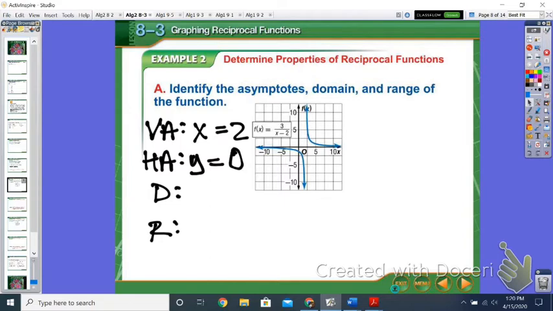The reason for that is, as our x values get higher and higher, our denominator is going to get larger and larger, right? So picture, if you had 3 over 3, that's just 1. If I had 3 over 100, that's 0.03. That's getting pretty small. 3 over 1,000 is 0.003.